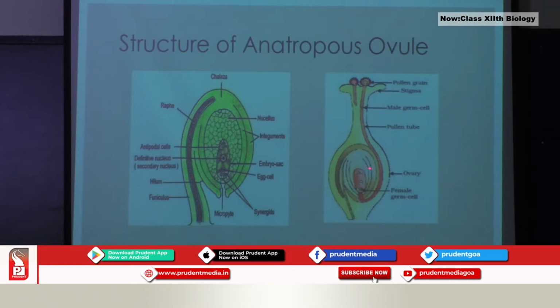So this is what you see inside the ovary, the Anatropous ovule placed inside the ovary, and the Anatropous ovule is connected to the inner wall of the ovary with the help of the funiculus, which is attached to the placental tissue of the ovary wall.